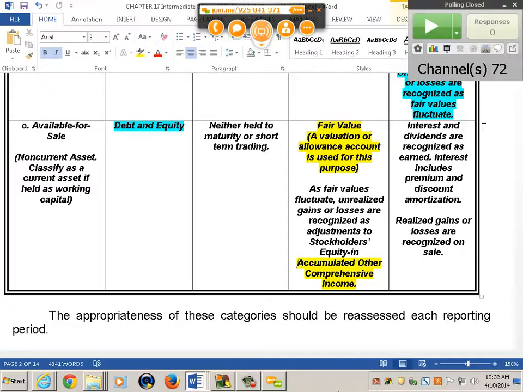The new standard is going to call this FVOCI. Although they won't call it available for sale, they have a new terminology, but it's going to be fair value into comprehensive income. It does not go on the income statement.